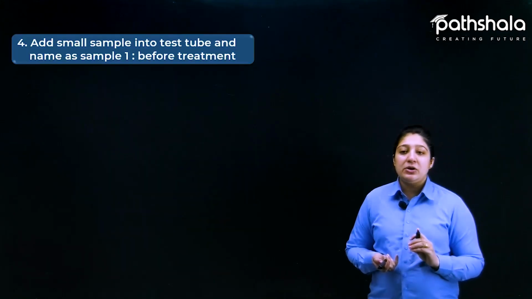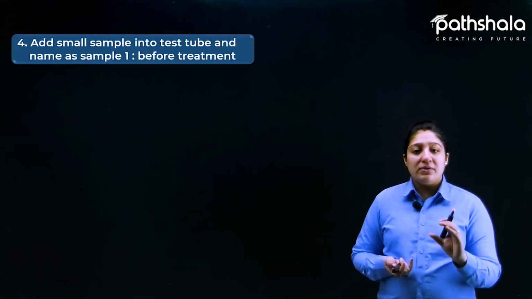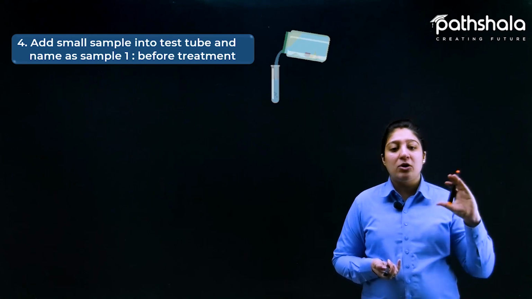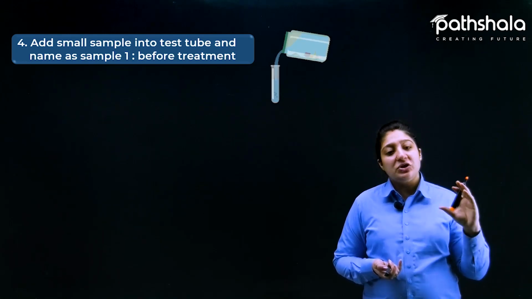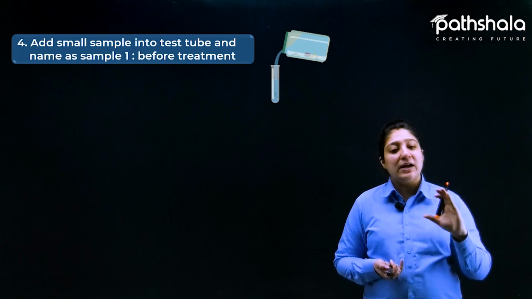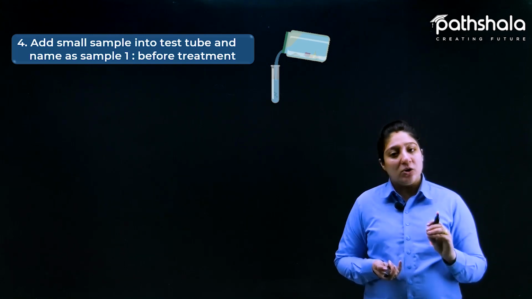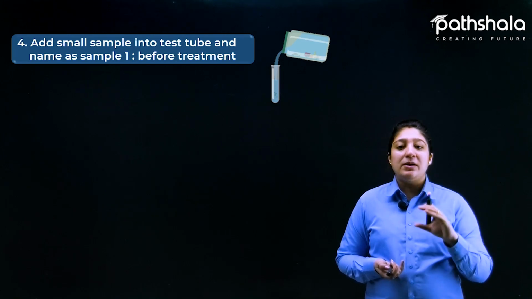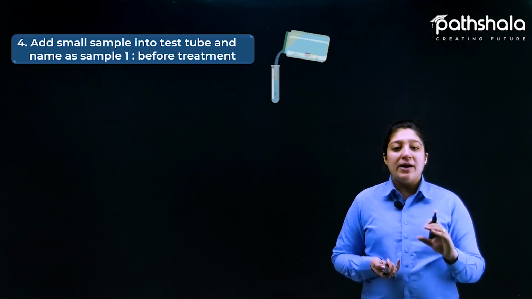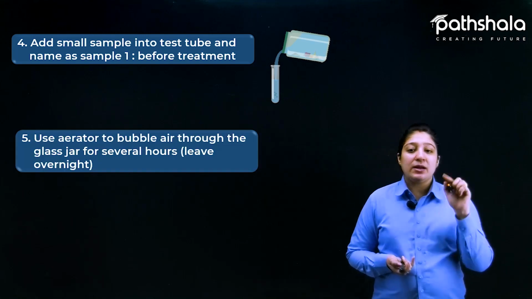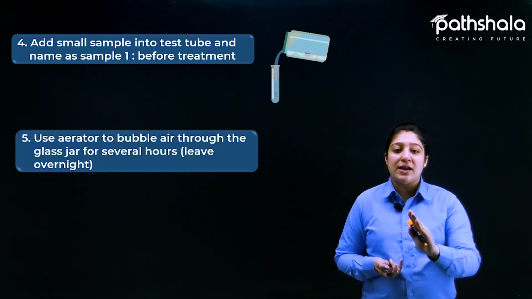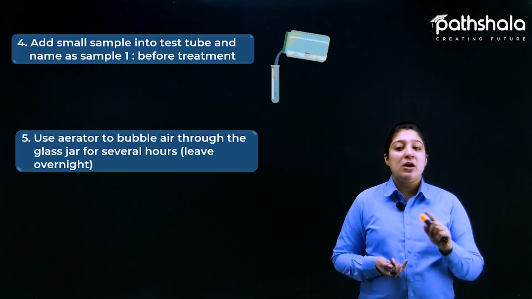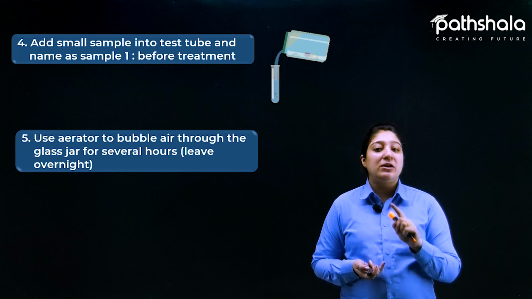After that, take a small sample into a test tube from the jar which you have kept in the sun for 2 days, and name it as sample 1 before treatment. Okay, and keep this test tube aside, because we are going to see in our observation what different things will be observed.